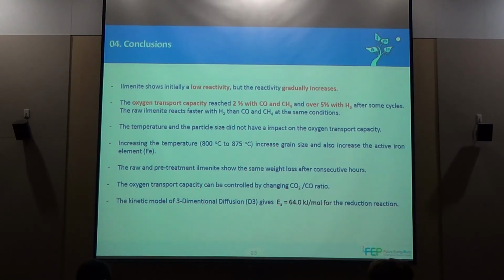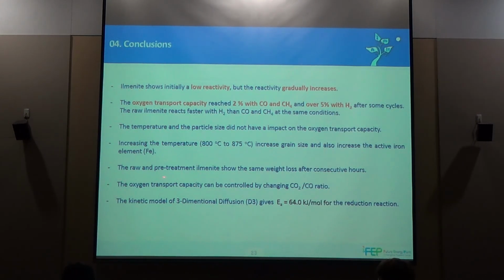Finally, in conclusion, raw ilmenite shows low reactivity that gradually increases, and the oxygen transport capacity reached 2% with CO and methane and over 5% with hydrogen. Temperature and particle size did not have an impact on oxygen transport capacity, and increasing the temperature increases glycine and also active iron element.